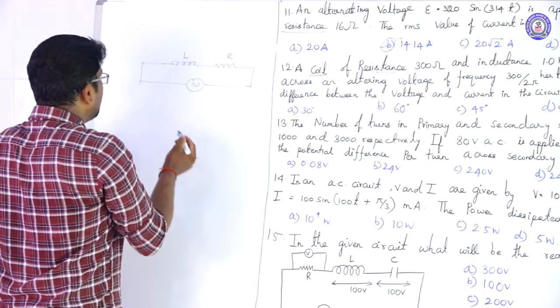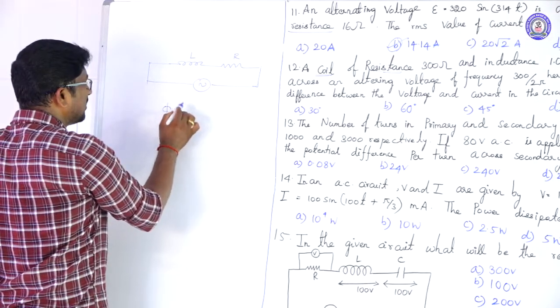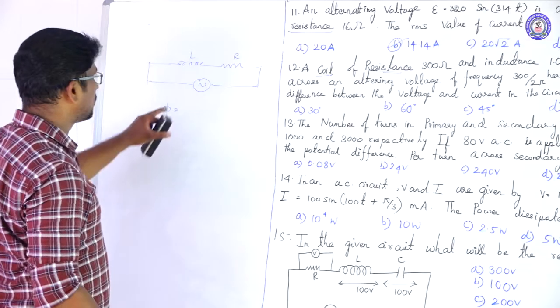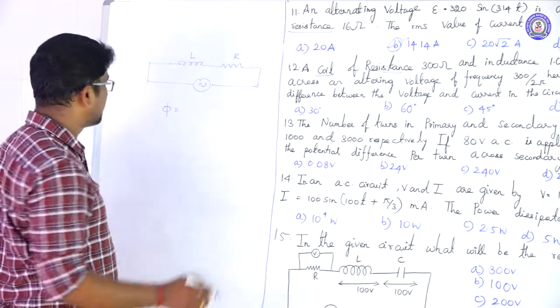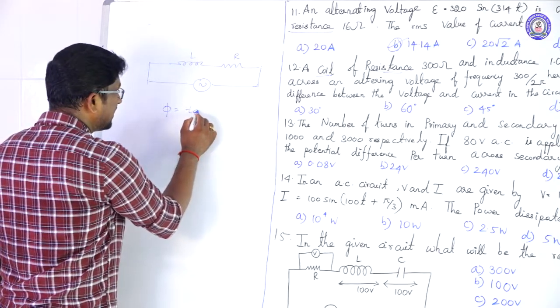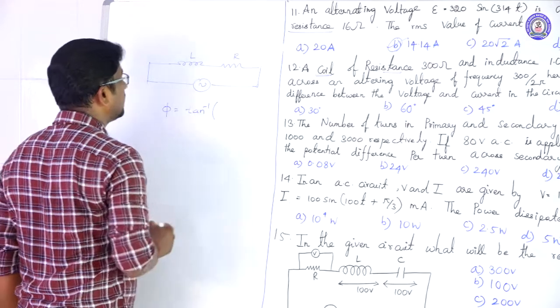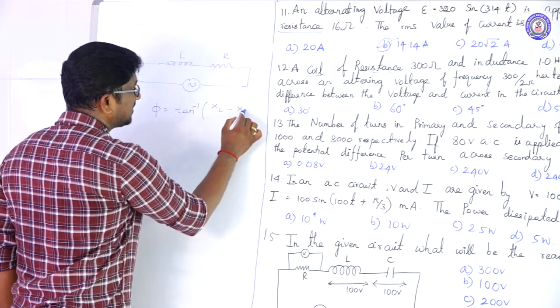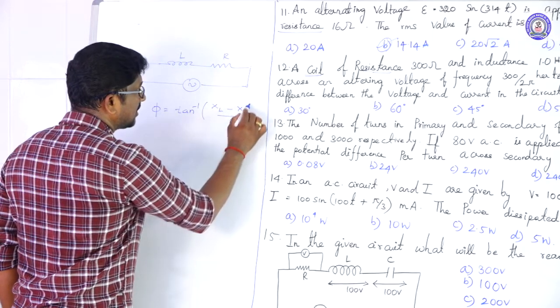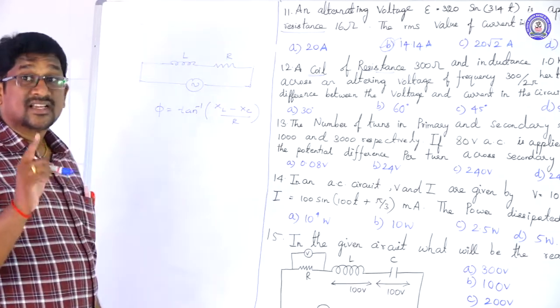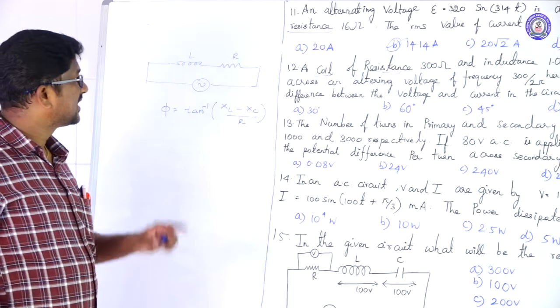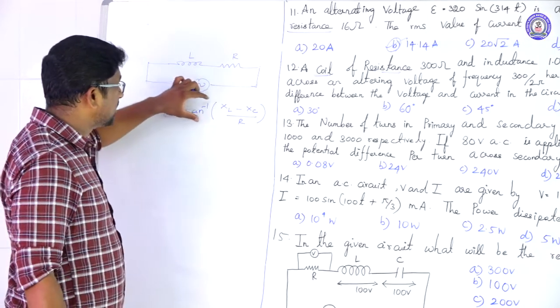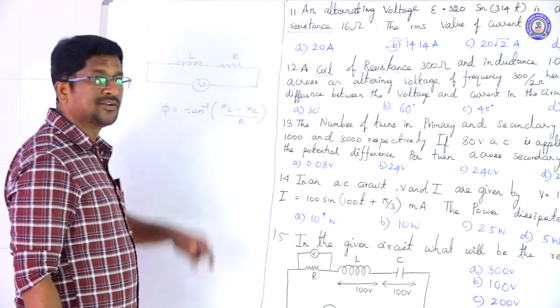Generally, in an LCR series circuit, the phase difference between current and voltage is given by phi is equal to tan inverse of XL minus XC divided by R.